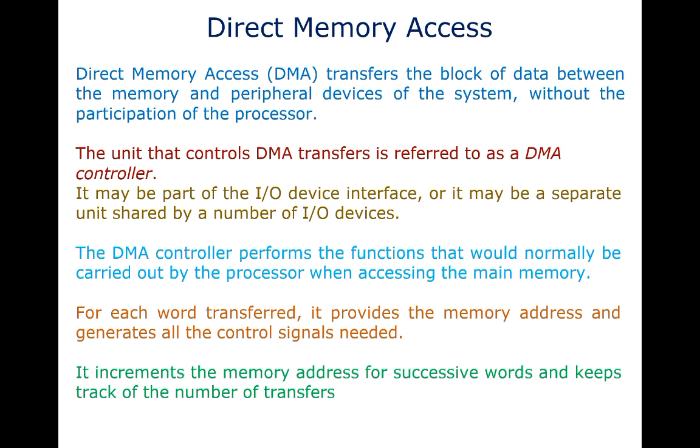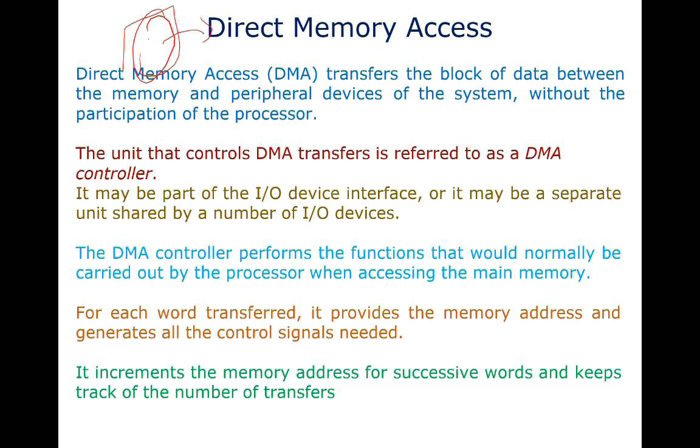It is a method used to transfer a block of data, not a single word, directly between a peripheral device and the main memory, without continuous participation of the processor. The unit responsible for controlling this operation is called the direct memory access controller.